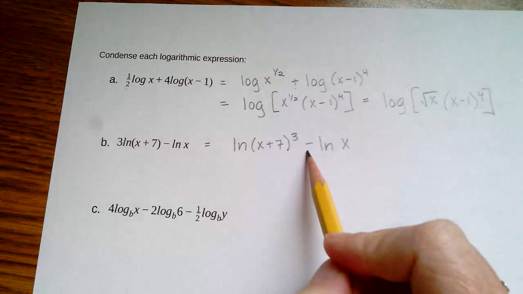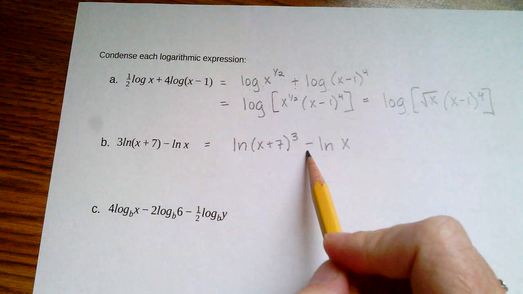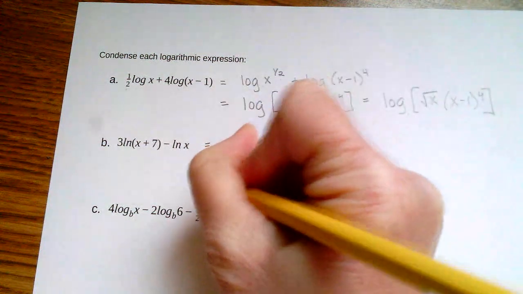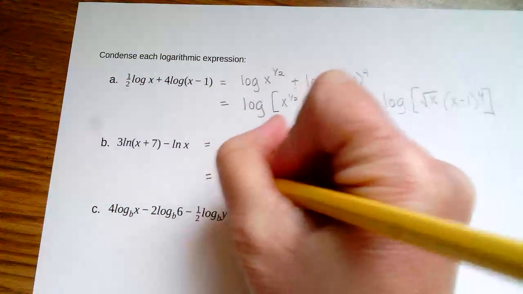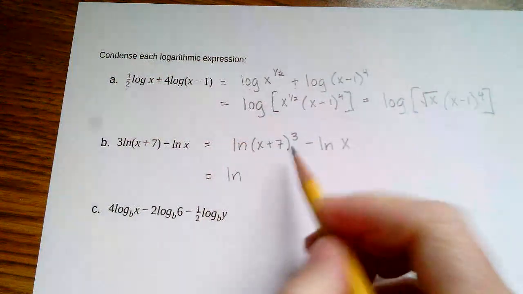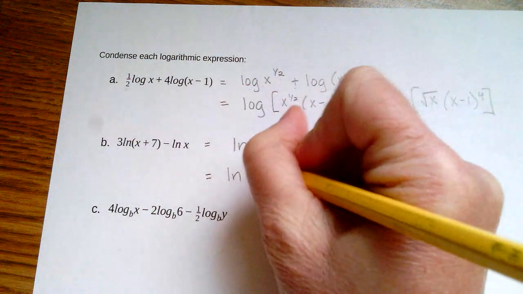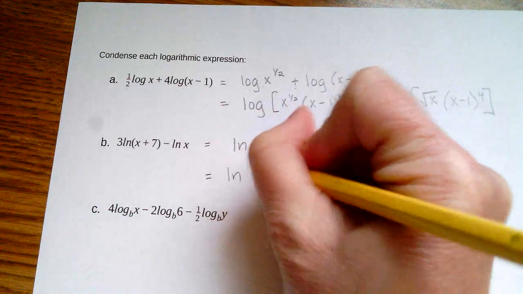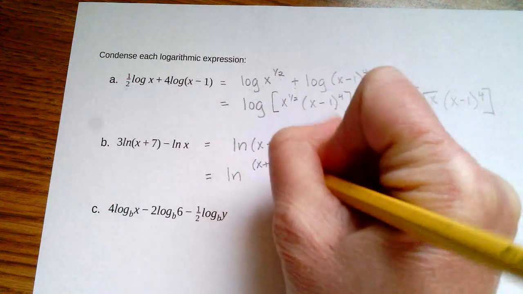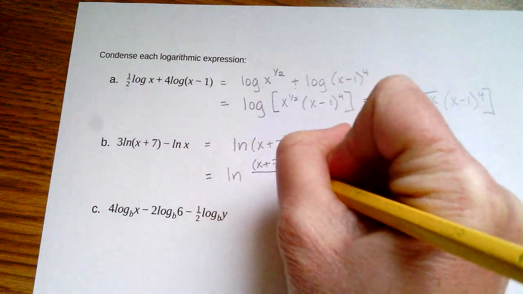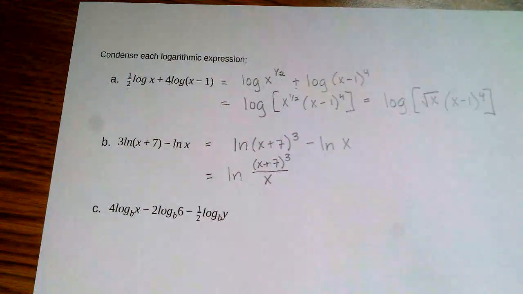They're subtracted, so I use the quotient rule backwards, which tells me I keep the base, and when I have these two things subtracted, I take their quotient. So I have x plus 7 to the third over x.